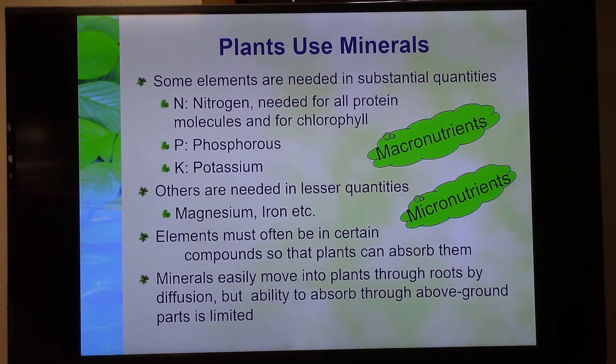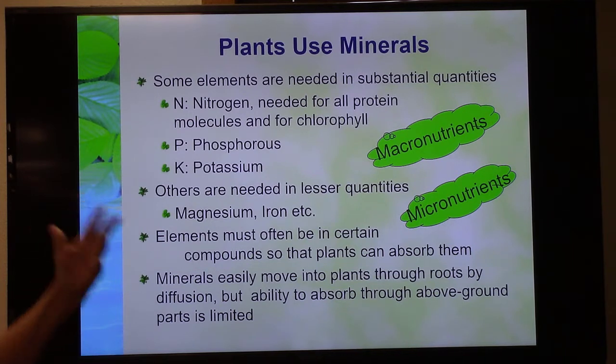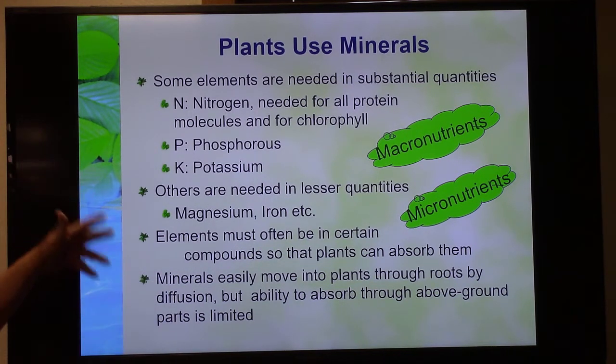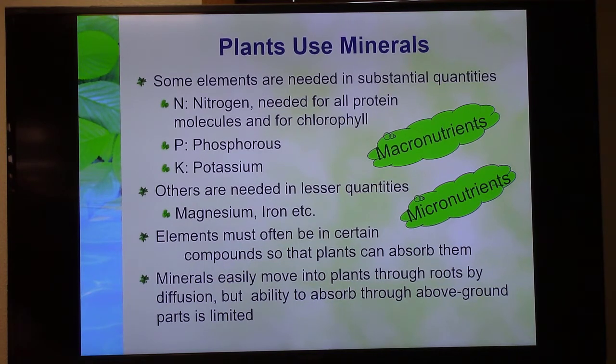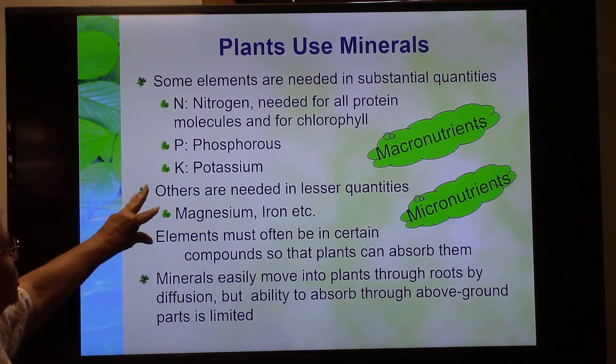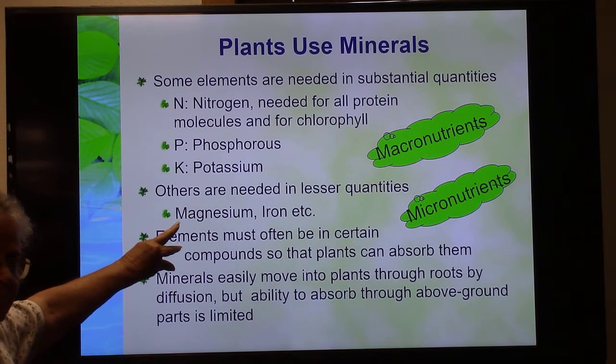Now, why is this all an important thing with water? It's that all of these things have got to dissolve in water to get into the plant. All of these things have got to be water-soluble. And they've got to get into the plant in a structurally reasonable way. What part of the plant is built for absorbing these things?